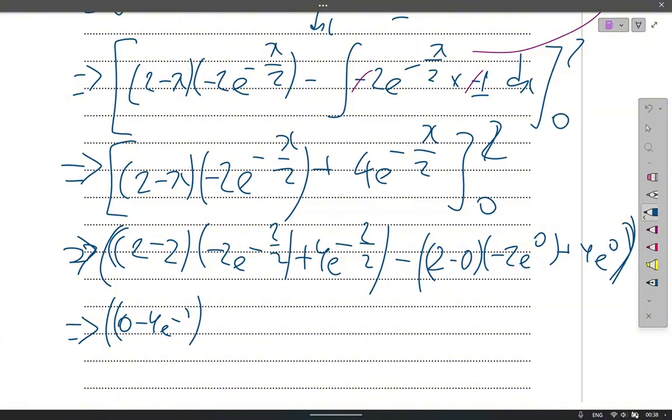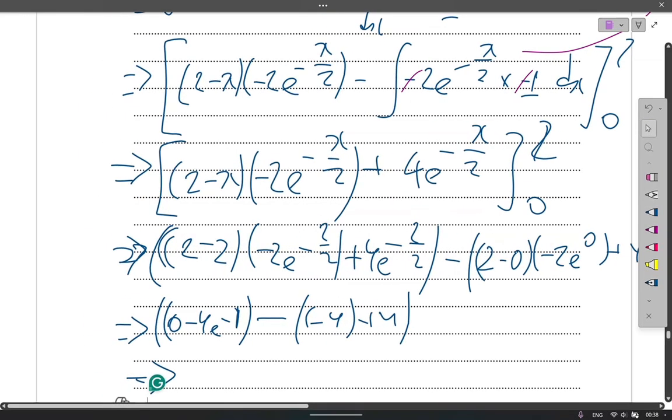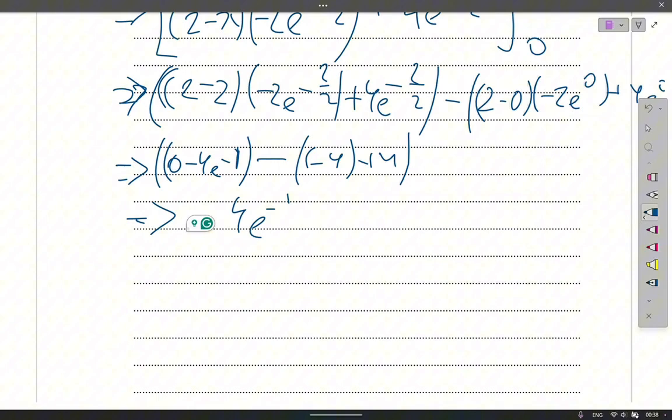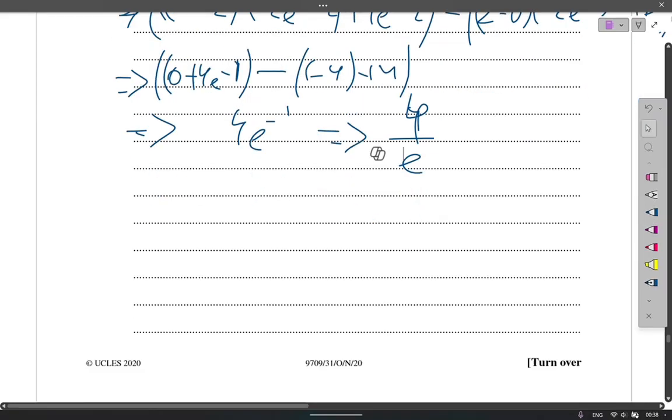Which gives this one. That's one, this one, 4. Which is just 4e minus 1. Oh, sorry, it's plus. Okay.